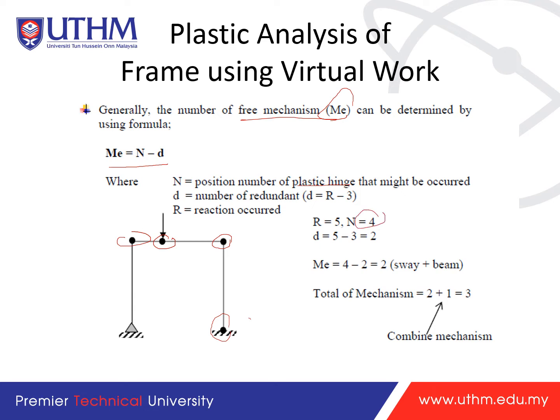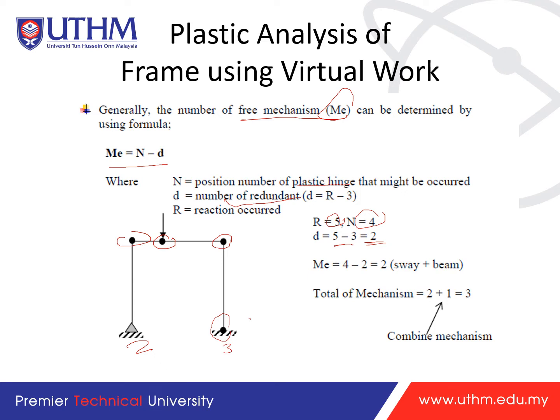And then D is the number of redundants, which is equal to R minus 3. For this case we have 3 reactions at the fixed support and 2 at the pin support, a total of 5. So 5 minus 3 is 2, so the total redundant is 2.